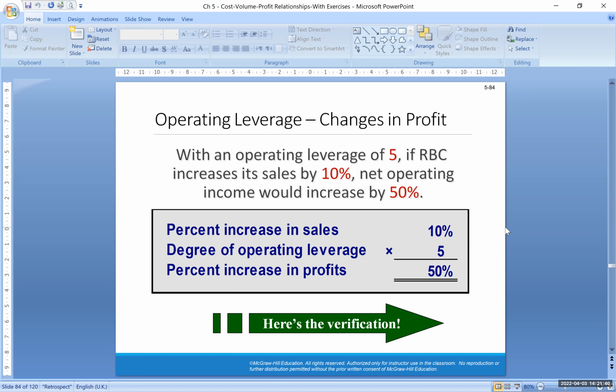Here, the sign is times. With an operating leverage of 5, this means if the company increases its sales by 10%, the net operating income will increase by 50%, which is 5 times the 10%.